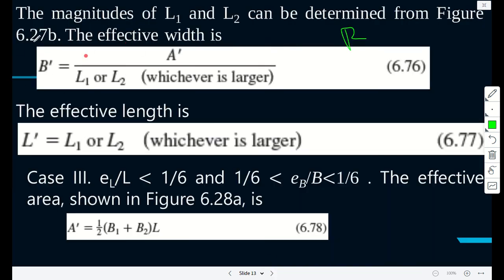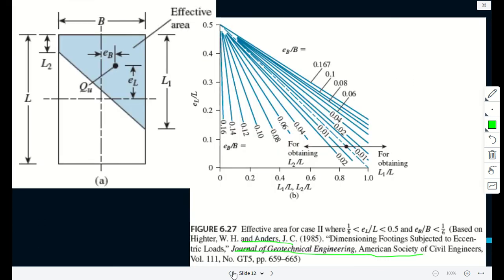So you can determine B prime this way, and you compare L1 and L2, whichever is larger.